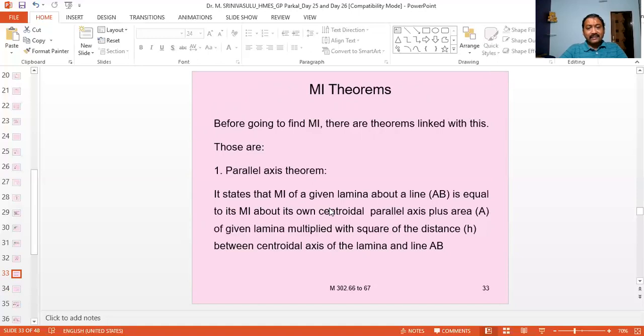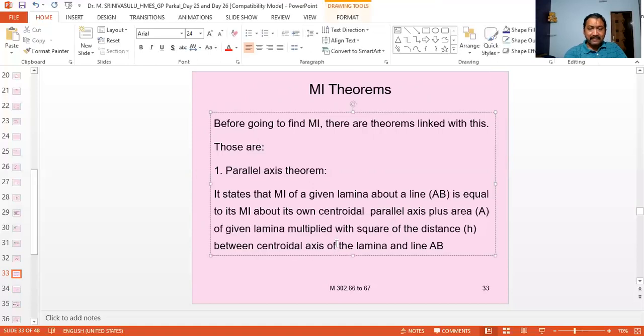It states that the moment of inertia of a given area or lamina about a line AB is equal to its moment of inertia about its own central axis, which is parallel to AB, plus the area of the given lamina multiplied by the square of the distance between the central axis of the lamina and the line AB.